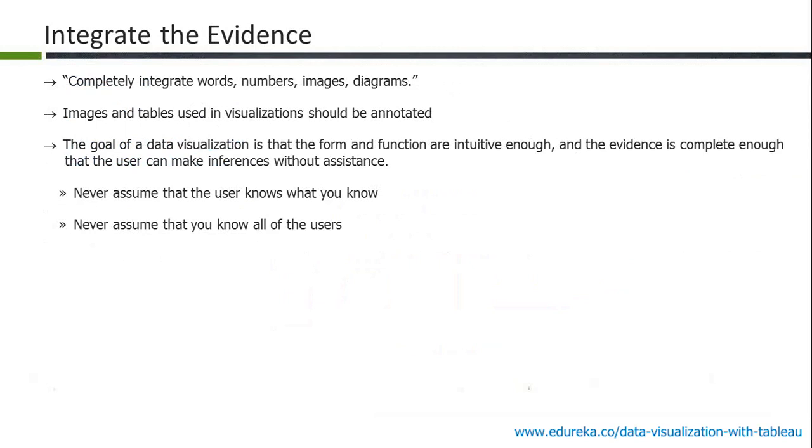Any image or table you use in the graph, please annotate the amount. For example, if there's a huge peak in sales, you can circle that amount, put an arrow and say the highest sale of the year or lowest sale of the year, right? The next one is you should make a visualization which is intuitive enough, not something wherein I would need somebody's help to understand the graph.